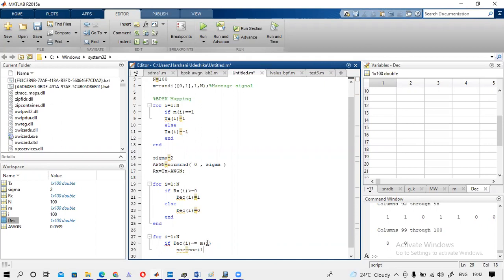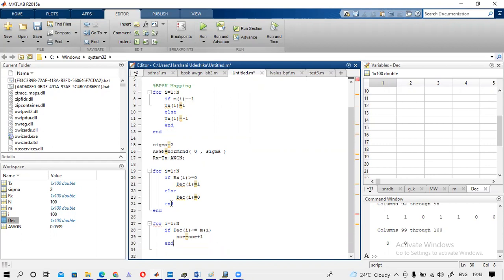If it is equal, we need not care, but if it is changed, we have to increase the number of errors by 1. So here we are having a loop. Here we have to first assign the number of errors equal to 0.